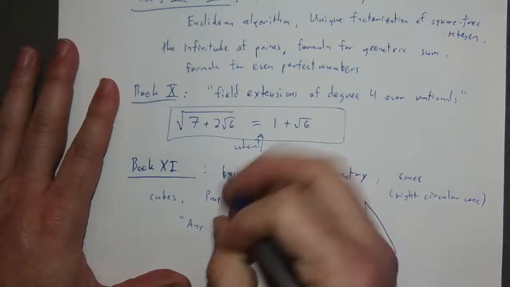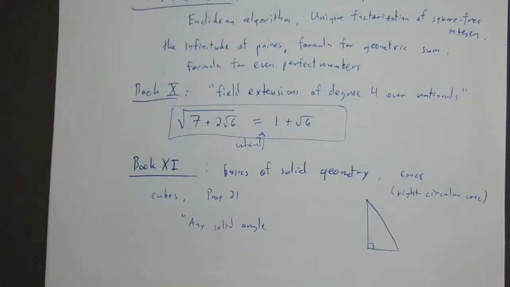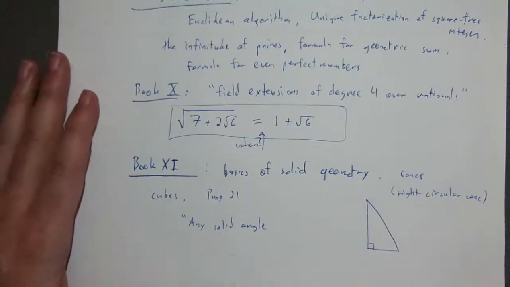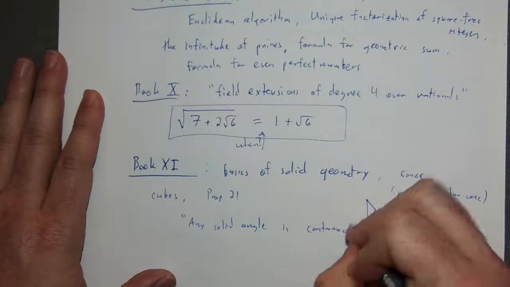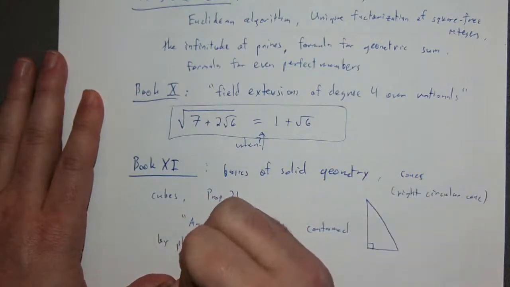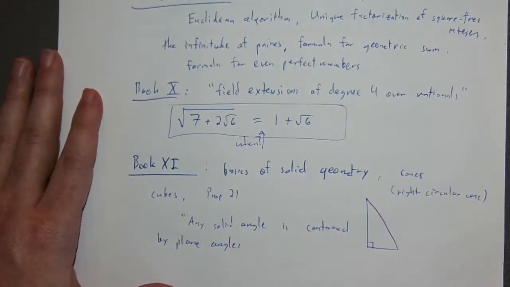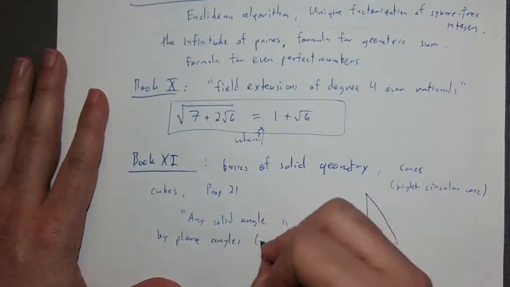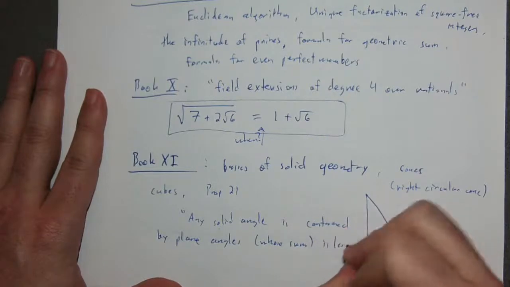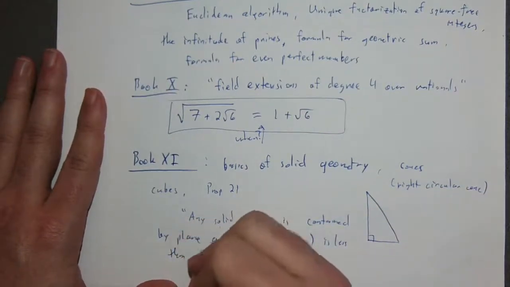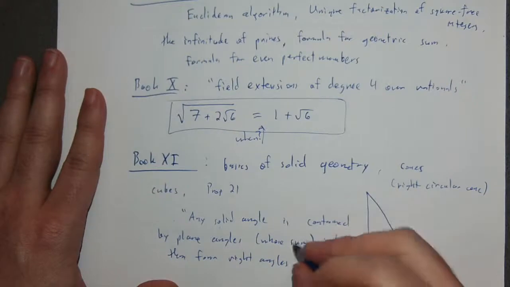Solid angle here is the notion of angle in 3 dimensions. So any solid angle is contained by plane angles, which are angles in the 2-dimensional sense, whose sum is less than 4 right angles, i.e. 360 degrees.